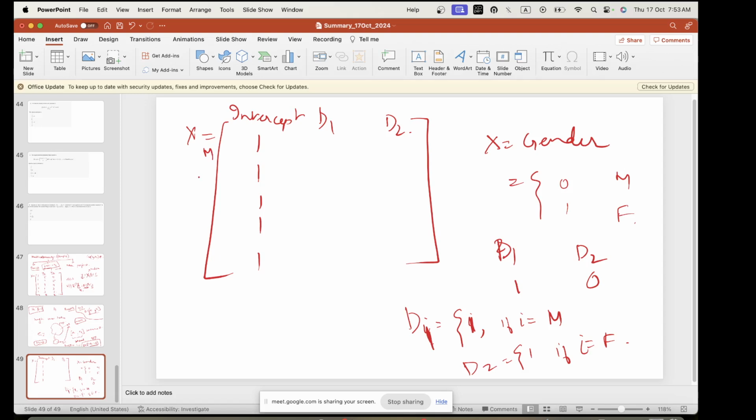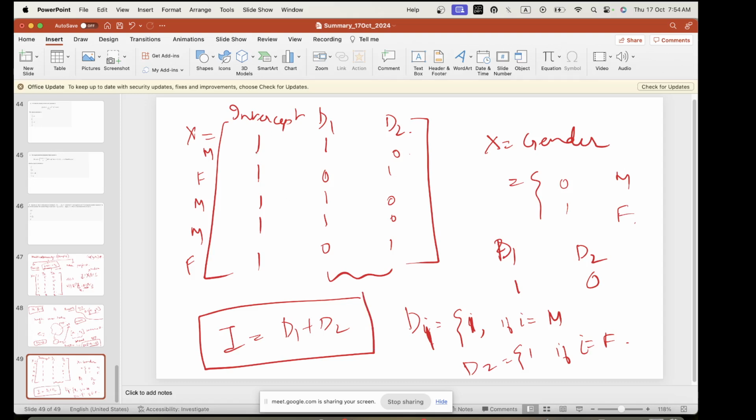Now let's say this is male, this is female, this is male, this is male, this is female. Alright, so wherever we have males, in d1 we put 1 0 1 1 0, and in d2 wherever we have females, we put 1, so 0 1 0 0 1. So here you see, if we do d1 plus d2, then I am getting it exactly equal to the intercept term. So this matrix X will not have rank equal to 3.